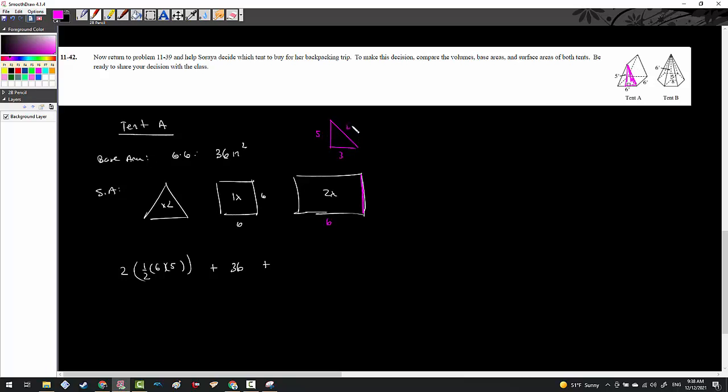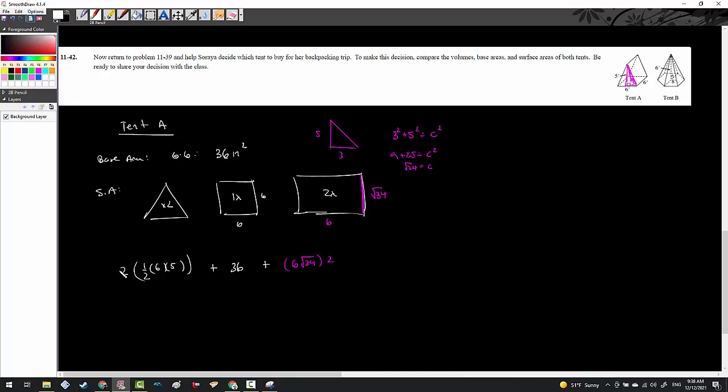This is going to be 4 based on a 3, 4, 5 right triangle, but that's not true. The 5 would have to be the hypotenuse for that one. So we can't exactly go that far. We actually have to use the Pythagorean Theorem here. So that's 3 squared plus 5 squared equals c squared. That's 9 plus 25 equals c squared. So I'm getting c equaling the square root of 34. And there's 2 of them. So it's going to be 6 root 34 times 2.